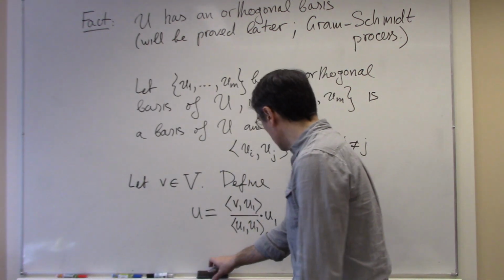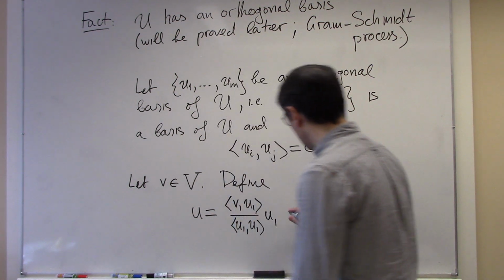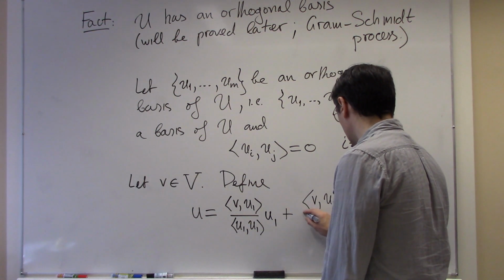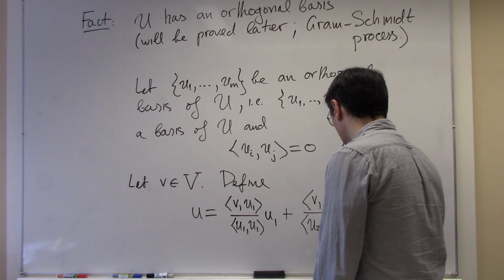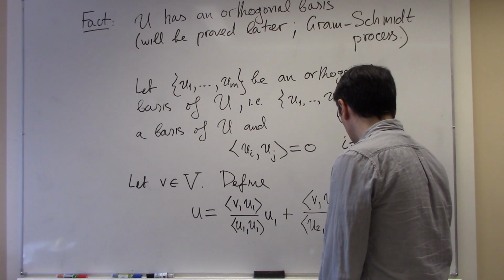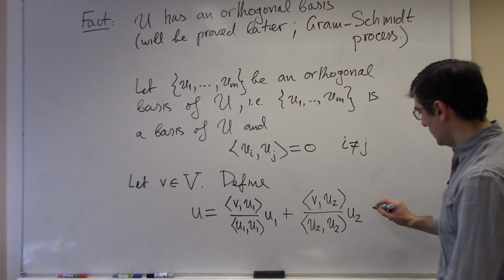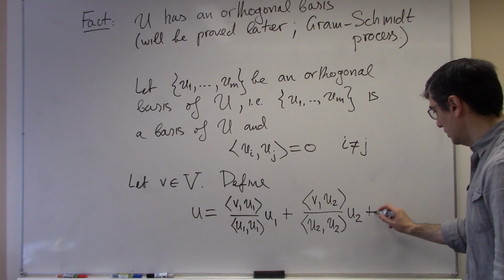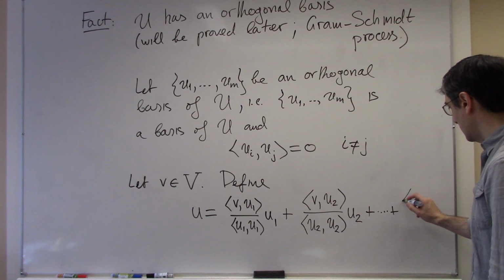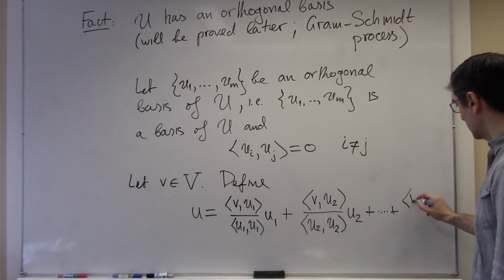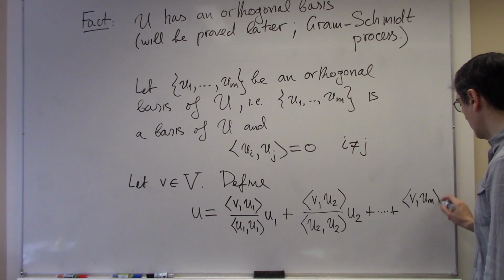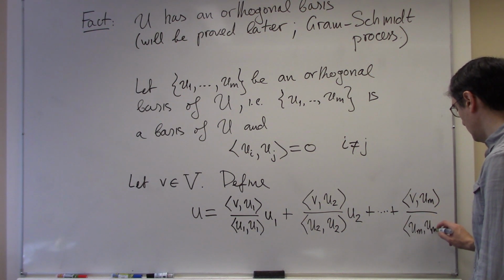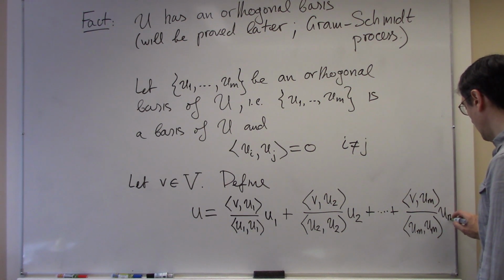And then you add to this V U2, U2, and so here U1 changed to U2, and you continue doing this to the last element, which is V UM, UM.